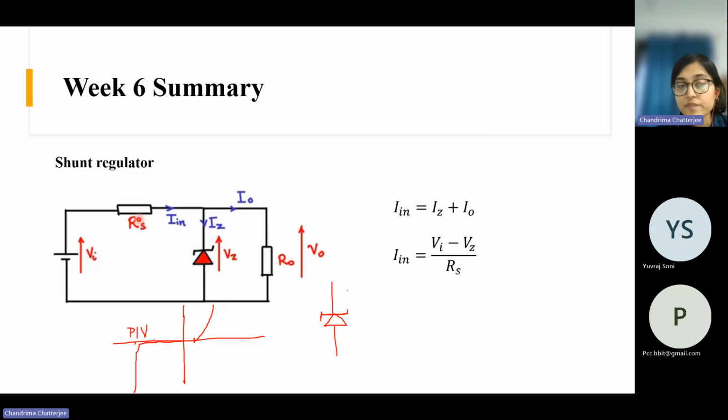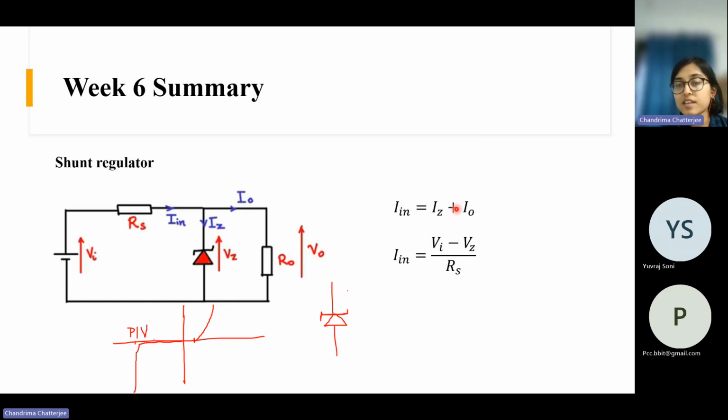First of all, some input current is getting drawn from the supply. So the input current is flowing like this, and this current is getting divided in two parts. The IZ component is flowing through the Zener diode, and the I0 component, the load current, is flowing through this R0, the load resistance.